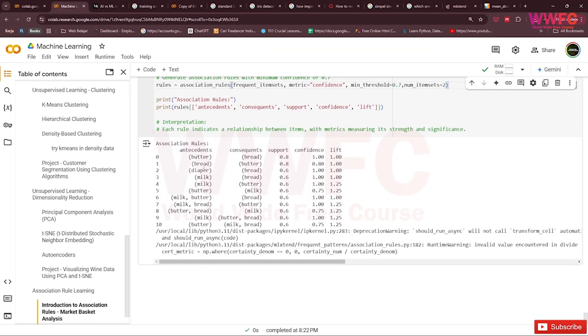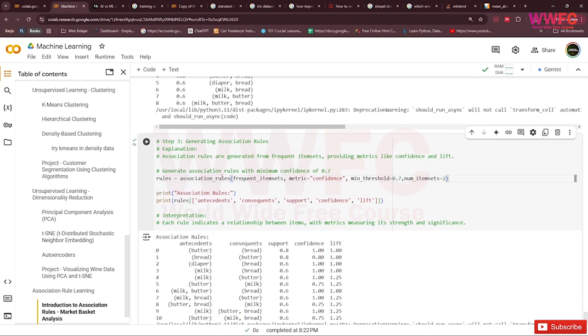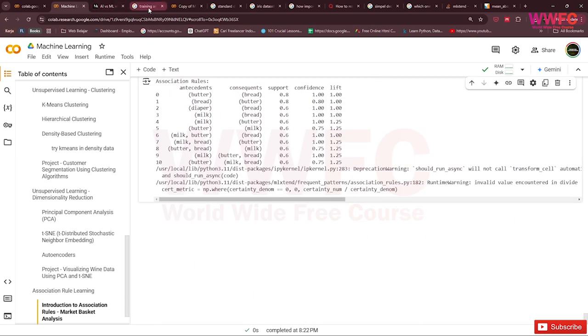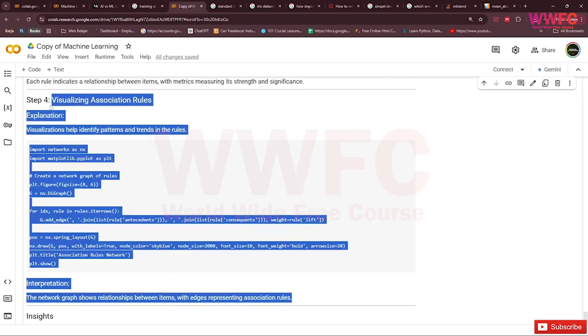So yeah, it looks like butter and bread has support of 80% and confidence of 100%, and we use bread and butter, something like that, right? So yeah, this is the association rules between them, and then we want to visualize the association rules.